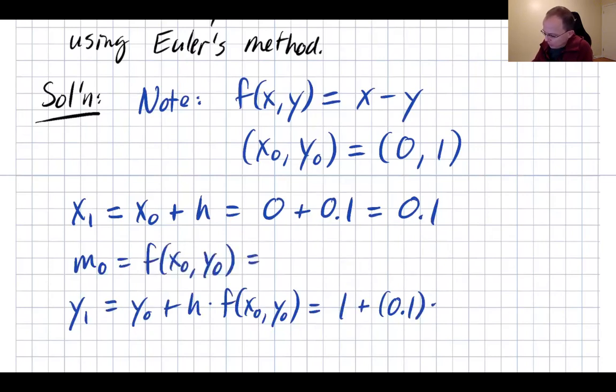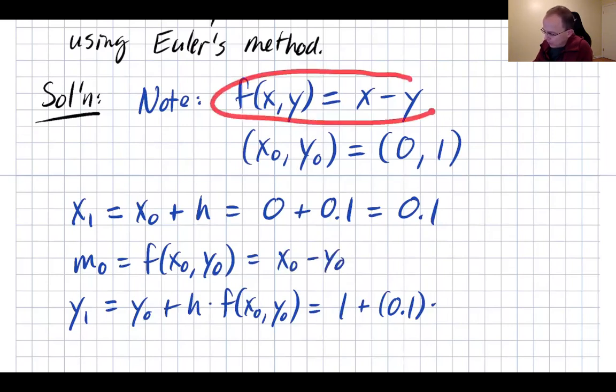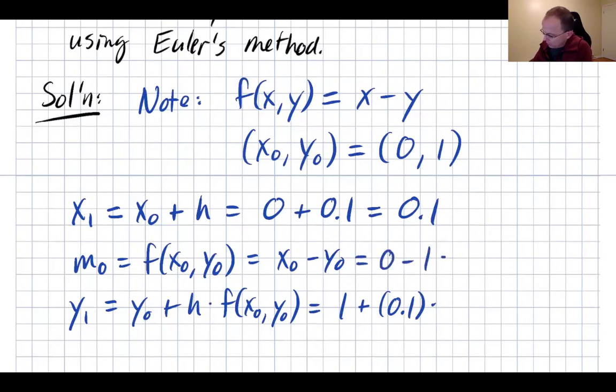That is x naught minus y naught, because that's our formula, x minus y. So that gives us 0 minus 1, so we get minus 1.